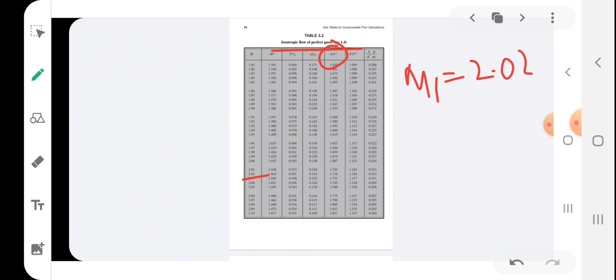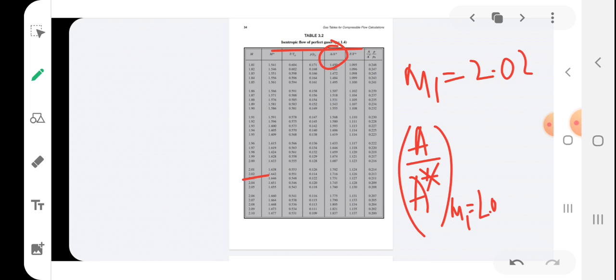A by A star corresponding to M1 as 2.02 is how much? Around 1.71.